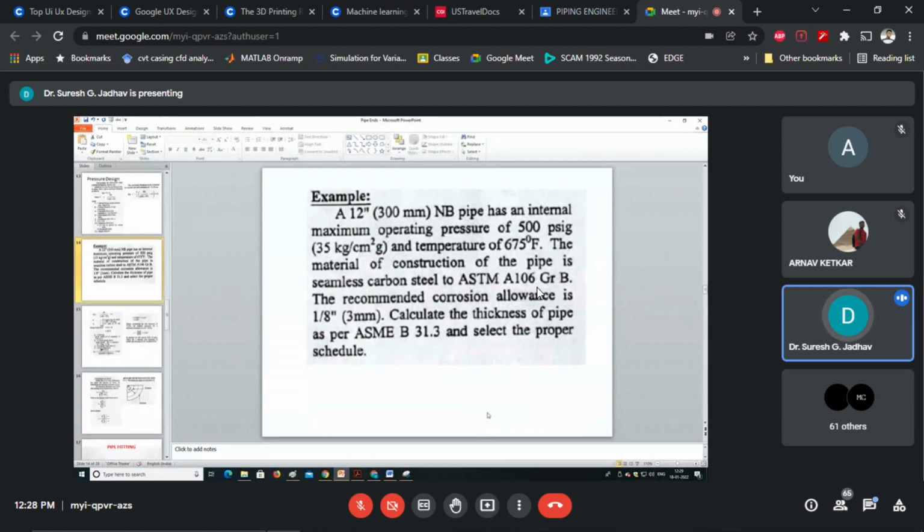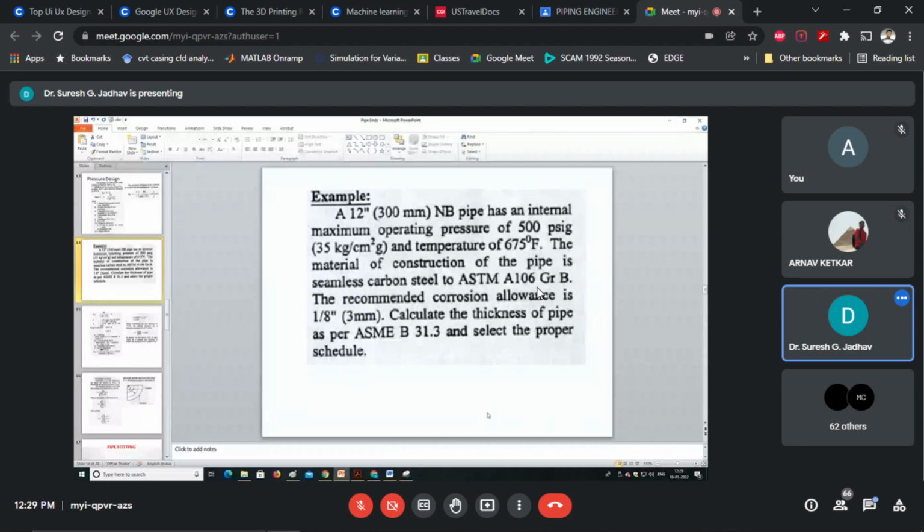The material of construction of the pipe is seamless carbon steel, ASTM A106 Grade B. The recommended corrosion allowance, CA, is given as 1/8 inch, that is 3 millimeters.